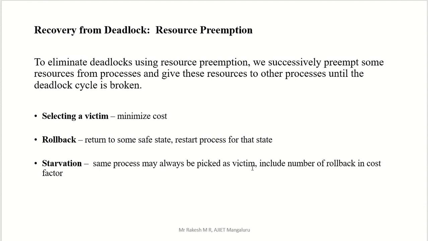That will lead to starvation, or there may be a chance of cancellation or blocking of that process. We have to consider these points related to resource preemption. So these are the things related to our deadlock concept. Thank you.